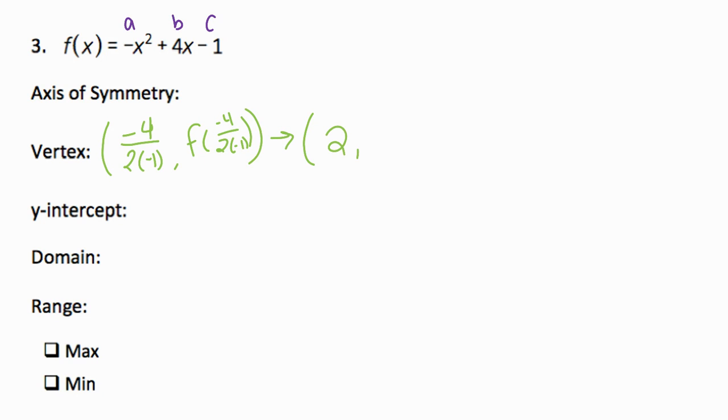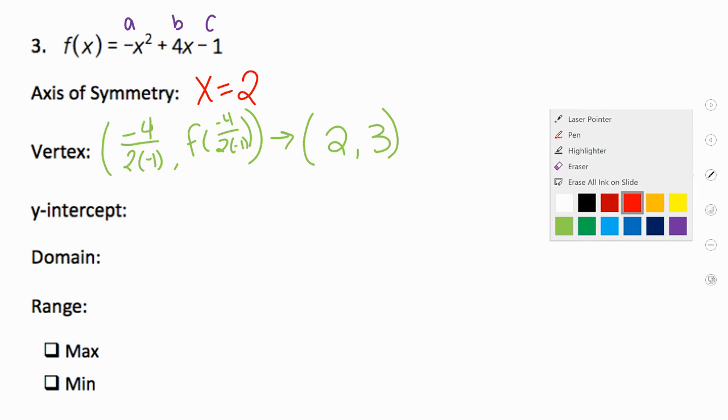When I plug 2 in on my equation, everywhere I see x, I get negative 1. No, I don't, just kidding. I get 3, actually. Okay. Axis of symmetry is the x value of our vertex, so x equals 2.